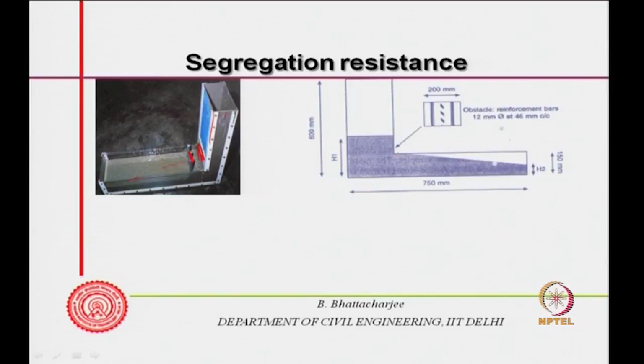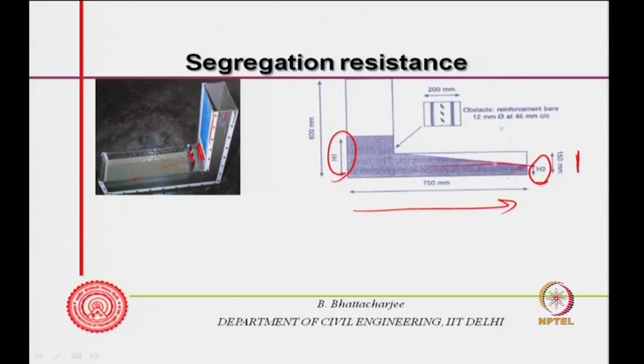200 mm is the width of this one, these obstacles are 12 mm bars at 46 mm center to center spacing, and as it passes, the concrete here would be like this, and this height we call h 2, this is h 1, this dimension is 760 mm, this is 600 mm and so on, and this is 150 mm.